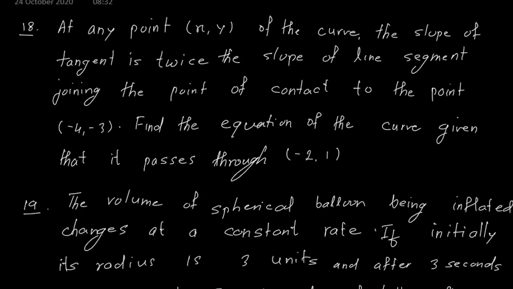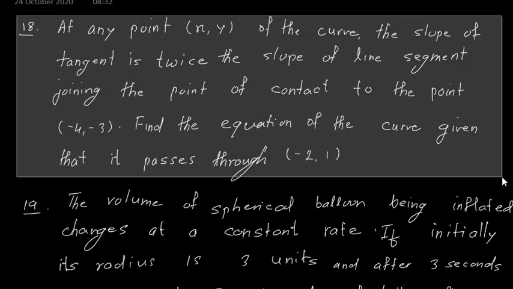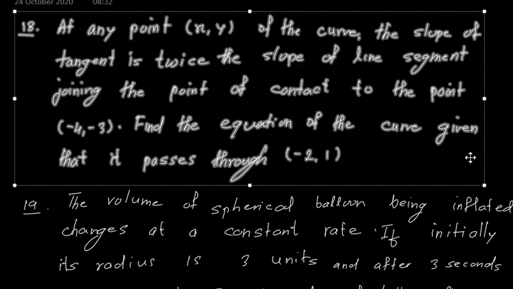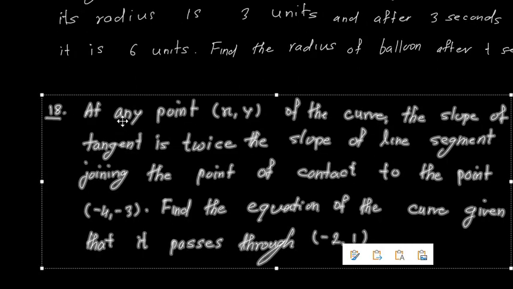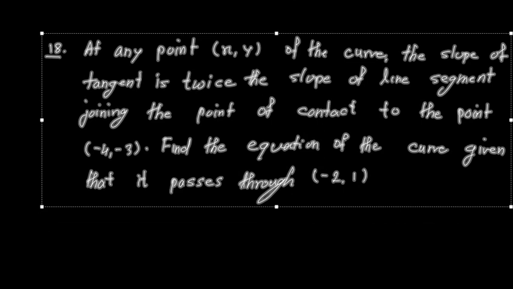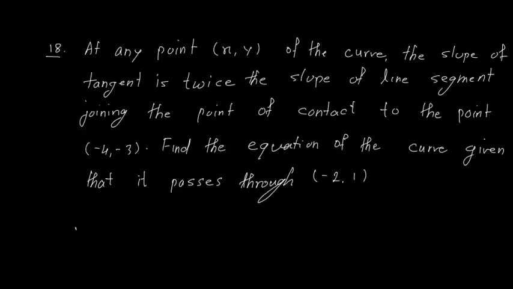Eighteenth question: at any point (x, y) of the curve, the slope of the tangent is twice the slope of the segment joining the point of contact to the point (-4, -3). Find the equation of the curve given that it passes through (-2, 1).